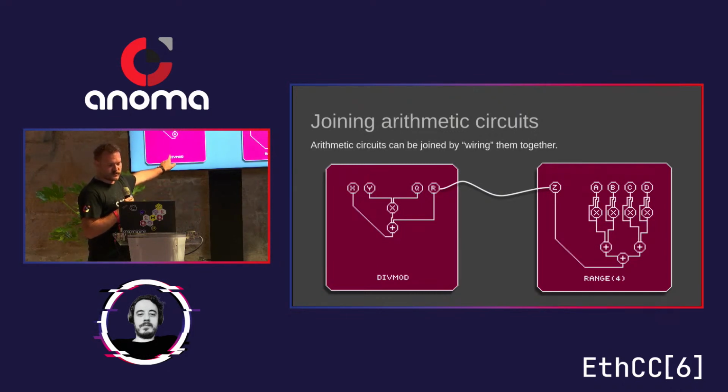One does div mod, and the other does range 4, that's checking to see if something is 4 bits. If you take the remainder of div mod and connect it to Z in the range circuit, you're showing that the remainder from div mod is 4 bits, because R and Z have to have the same value.